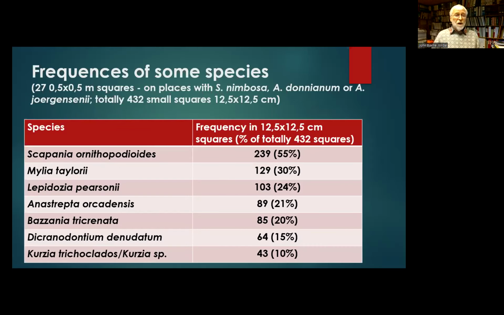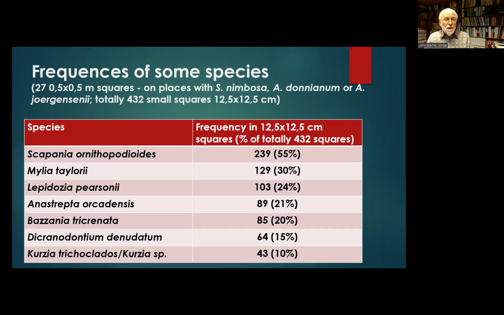And here is the frequency of some species, just a small selection of all of them. Altogether, we have 27 half-a-meter squares containing 432 small squares of 12.5 centimeter. And as we can see, Scapania ornithopodioides is very common together with these other species. On 55 of the small squares, that means very high co-occurring of these species.